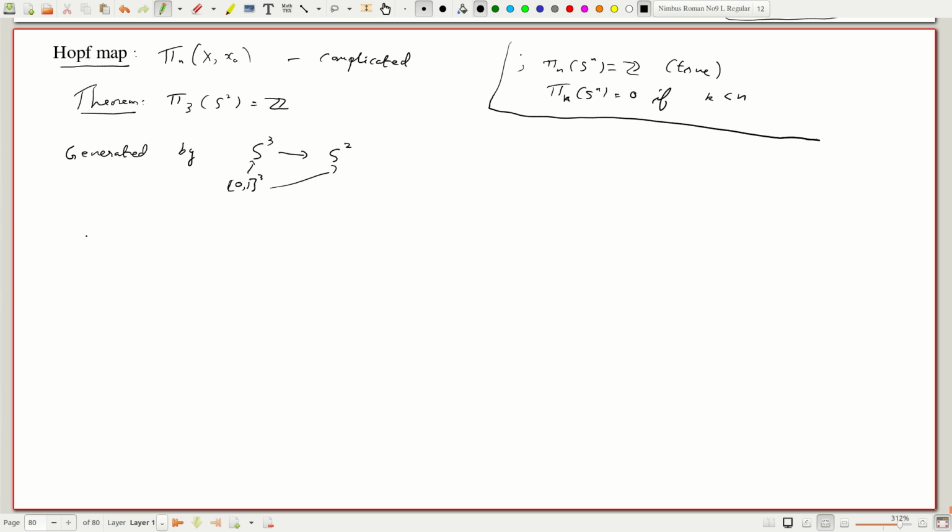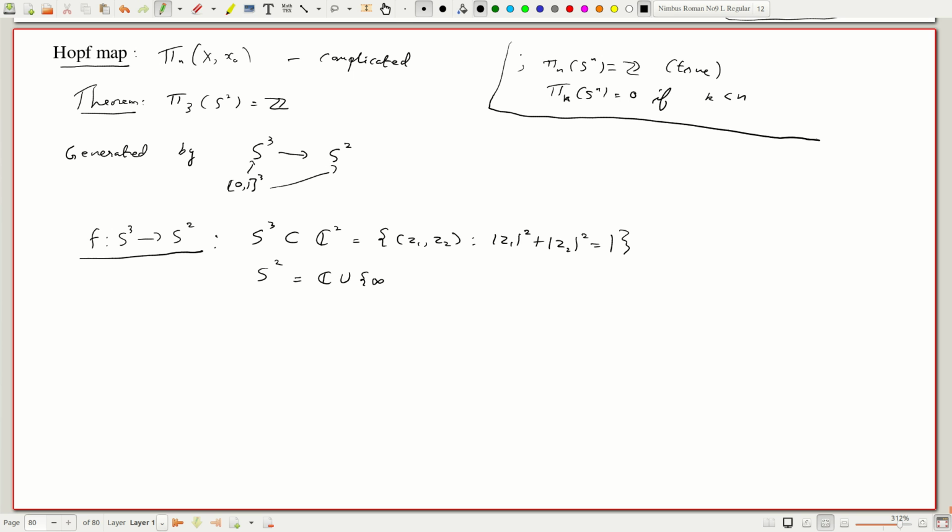Okay, so let's define f from S^3 to S^2 as follows. Now what I do is we look at S^3 as contained in C^2. So it's the set of pairs of complex numbers z1, z2, such that |z1|^2 plus |z2|^2 is 1. And how about S^2? I'll also look at it from a complex analysis viewpoint.